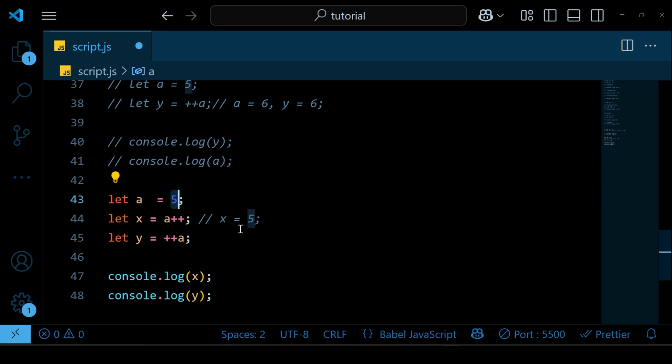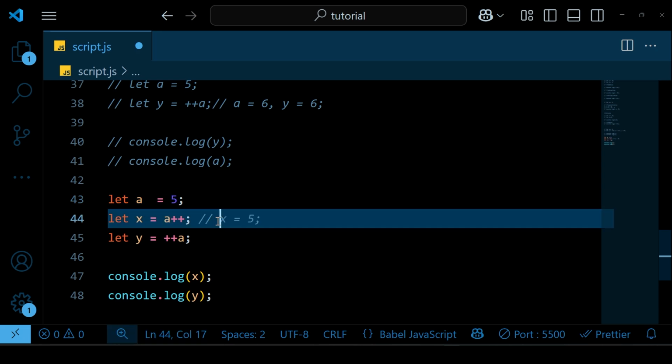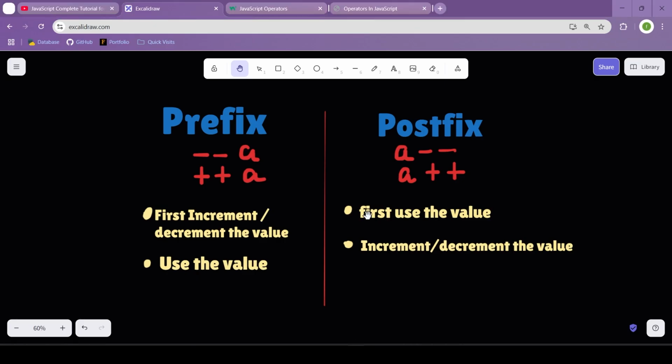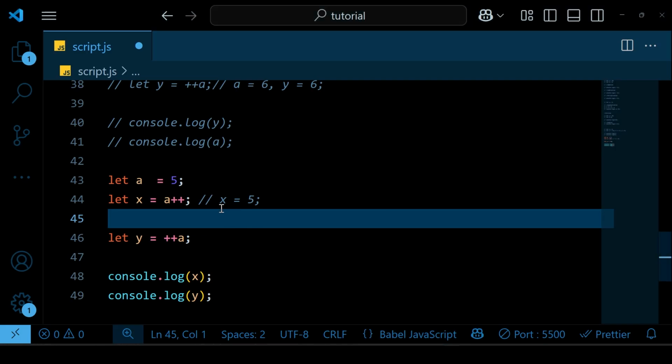So we used 5, and x became 5. But after using this 5, it says first use the value, then increment or decrement the value. So we used the value 5 here, and a would have become 6 after using.